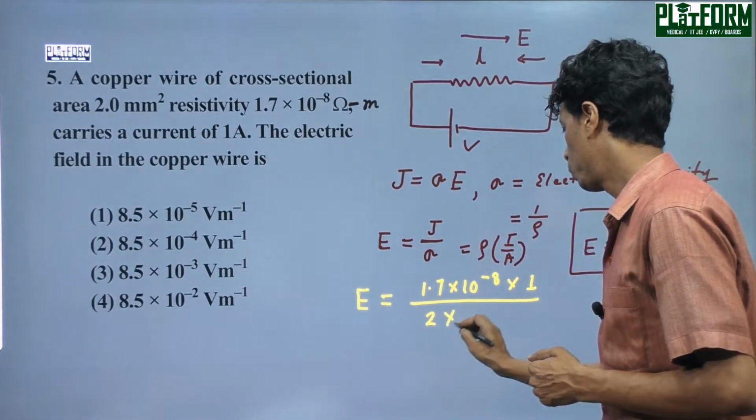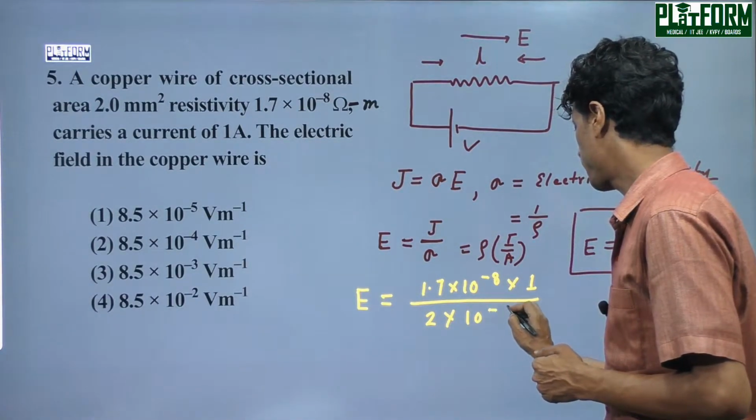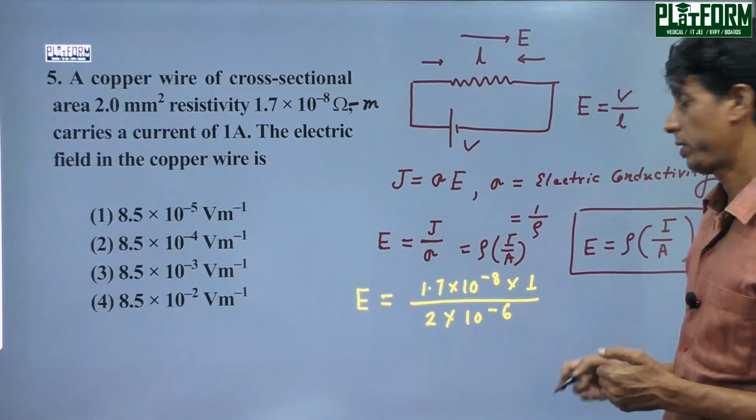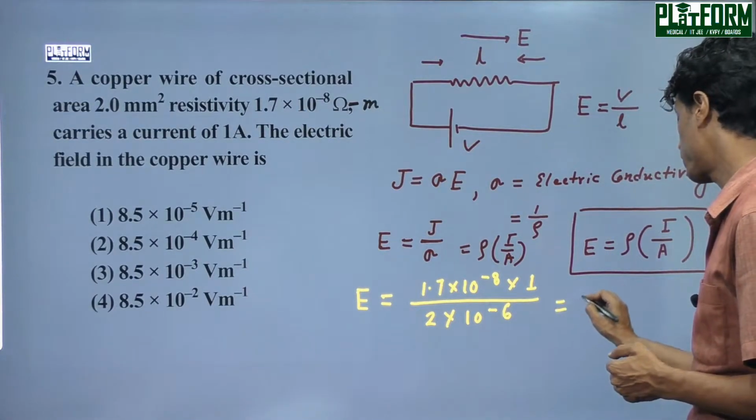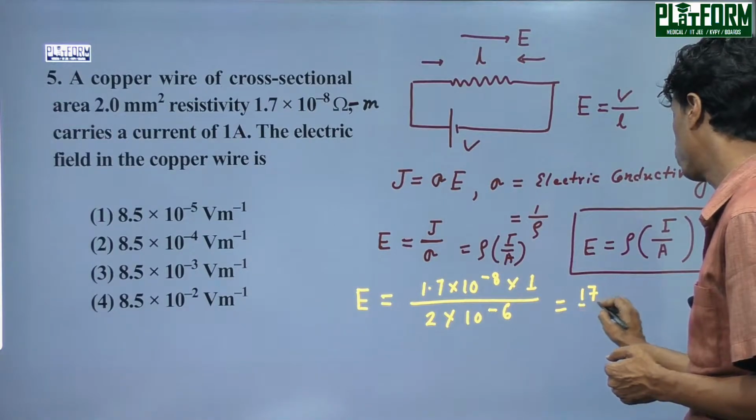Therefore 2 into 10 to the power minus 6, and finally this calculation 17 by 2.